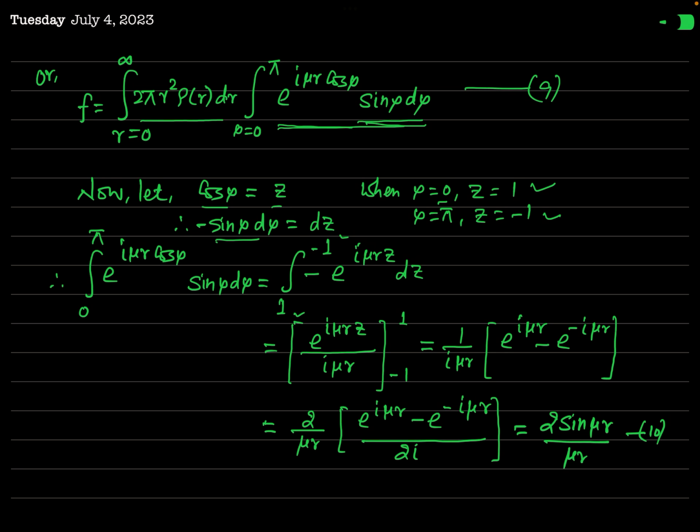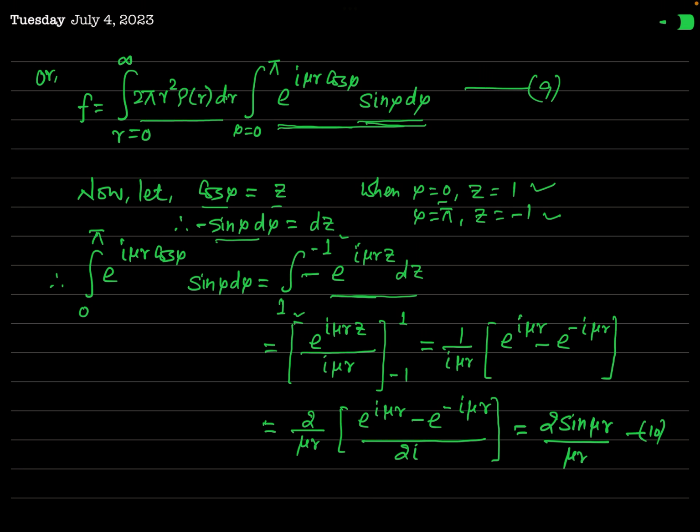So this integral becomes the integral from 1 to minus 1 of minus e to the power i mu r z dz. Now, if you want to make this minus sign plus, you can interchange the limits. After interchanging limits, this minus becomes plus.